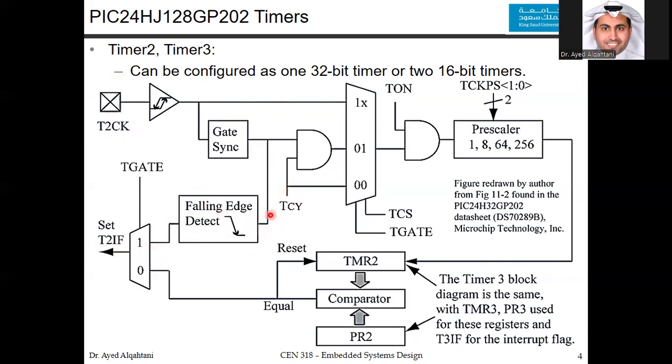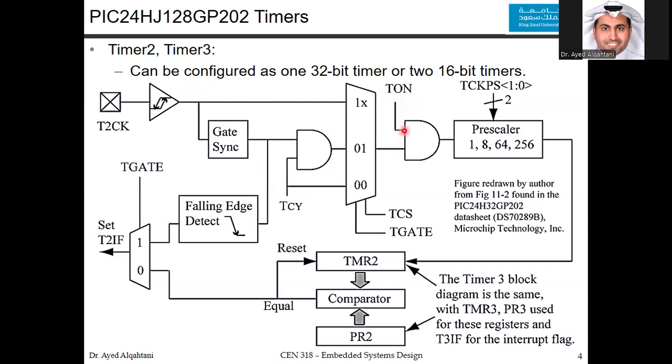Usually, we will choose the internal one. So we will put T-gate and TCS to be 0 and 0. So this way you choose this value over here, and it will be output from the multiplexer. Now, you also have the TON, and that's a bit that controls if the timer is going to be on or off.